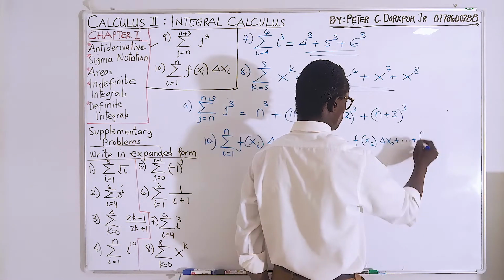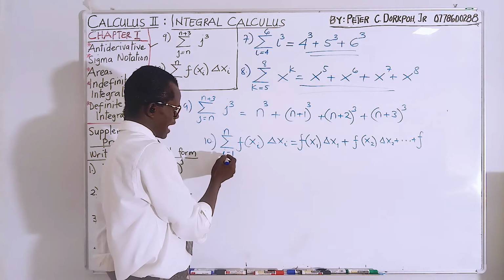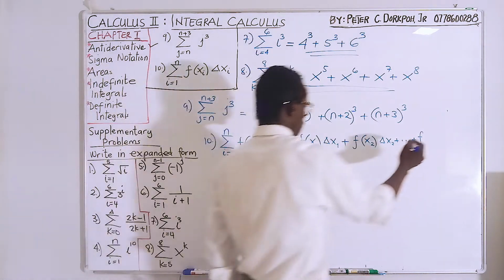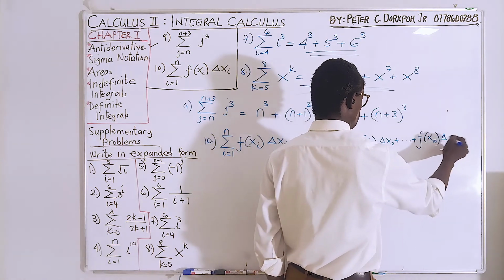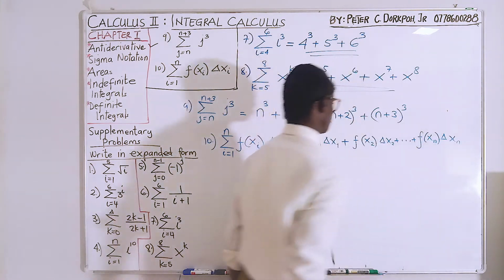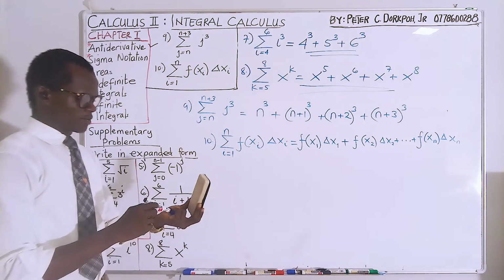Then we take the last one when r now is n. You just going to say f of x sub n times change in x sub n. So this is just the expansion for it.